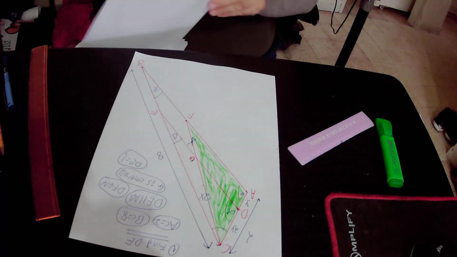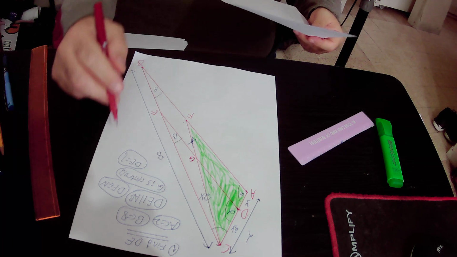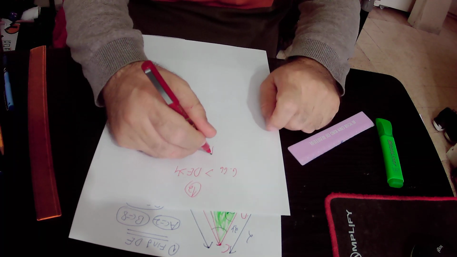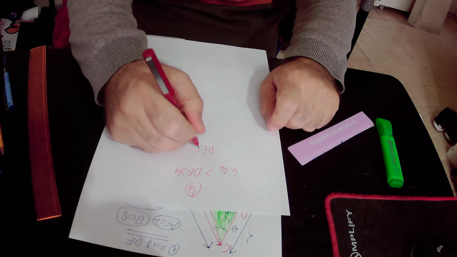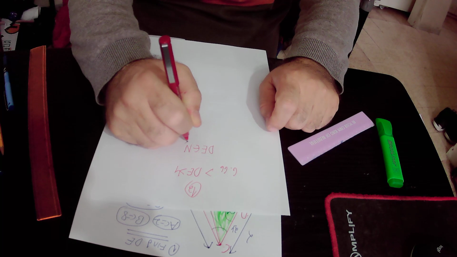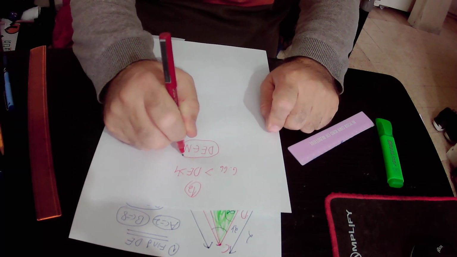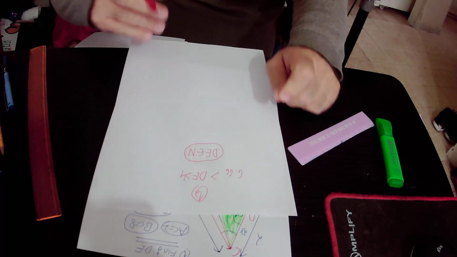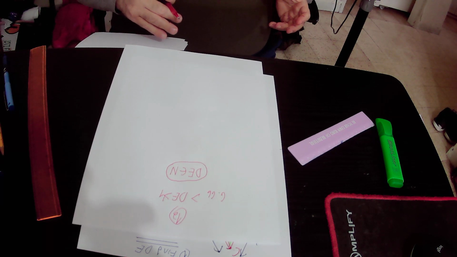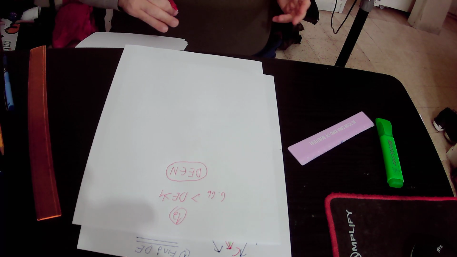But we also know, as given in the question, that DE belongs to the natural numbers, that is to say the size of DE is a natural number. What is a natural number? A natural number is a positive integer.